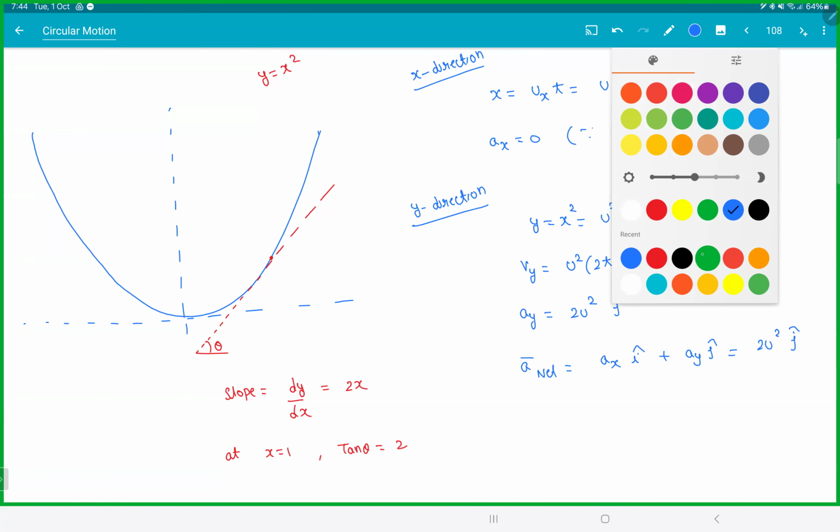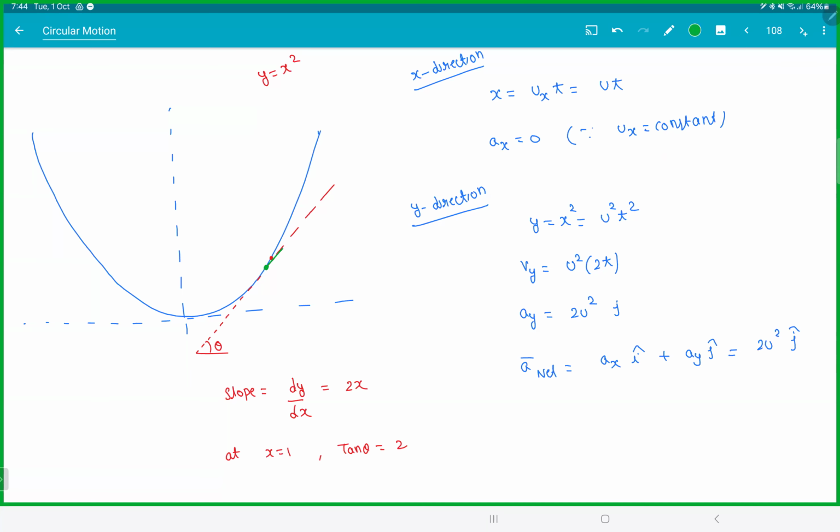So at this instant, if you look at the point here, this is the velocity which is tangential, and this is your acceleration net. And if this angle is theta, drop a perpendicular. This is 90 minus theta. This is 90 minus theta. Making sense?